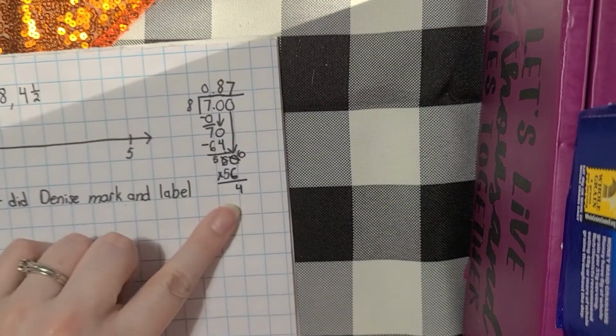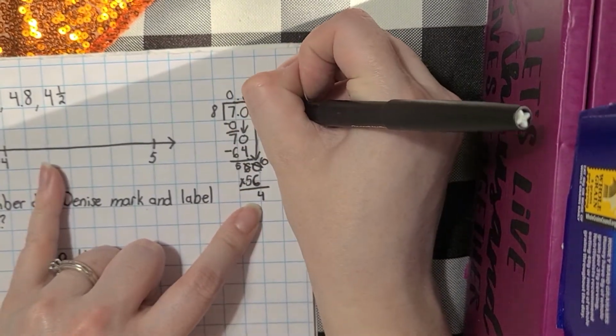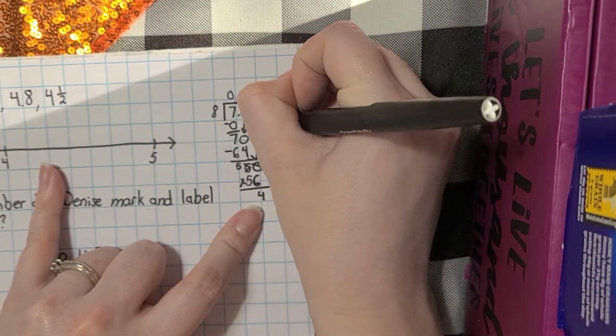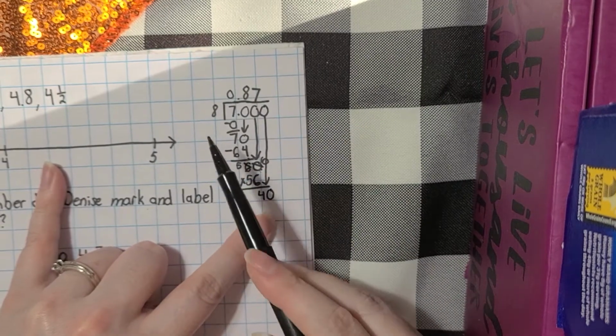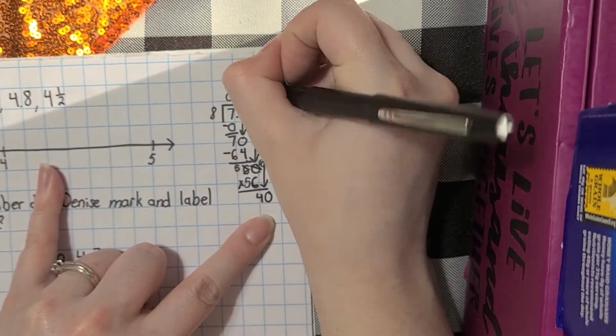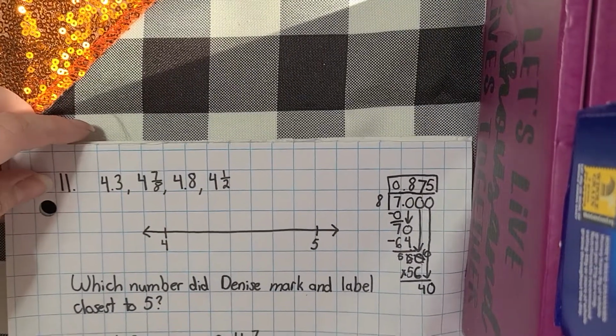Okay. I still have a number down here, a remainder. So I'm not done because we don't use remainders. We use decimals. Going to add my last 0 in the thousandths and drop it. 8 goes into 40 exactly 5 times. All right. So 7/8 is 0.875.